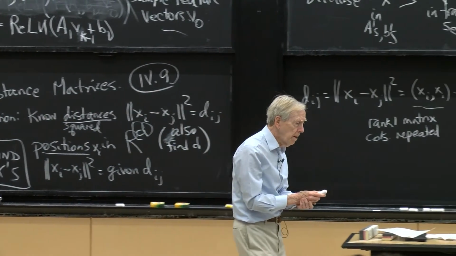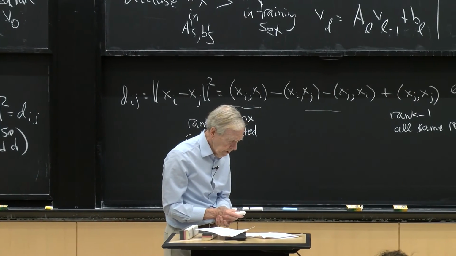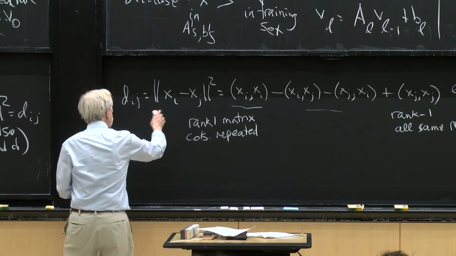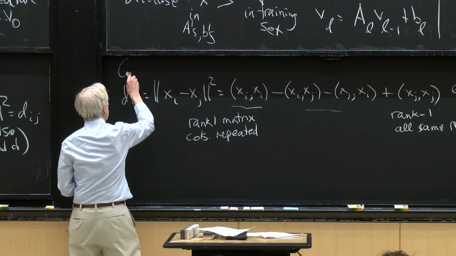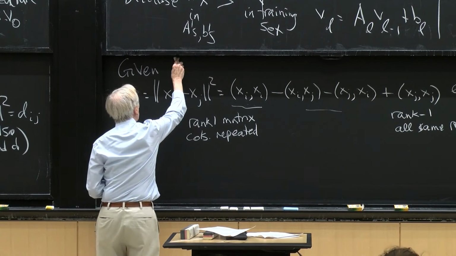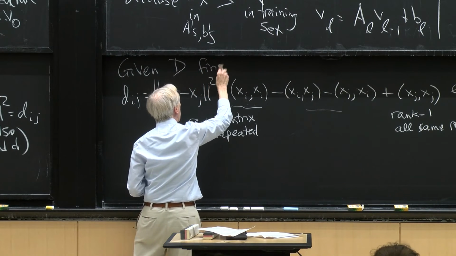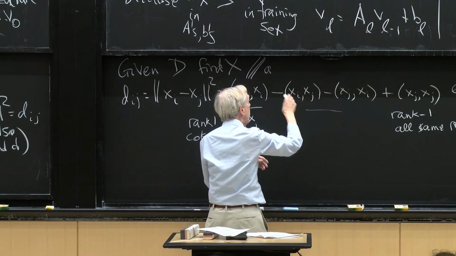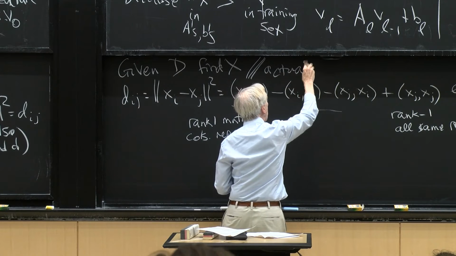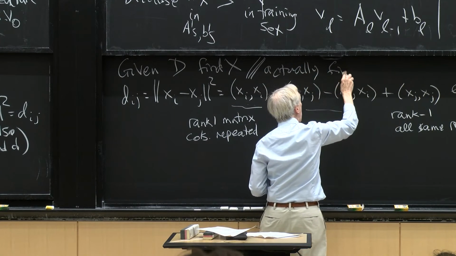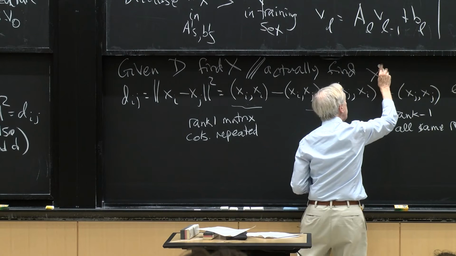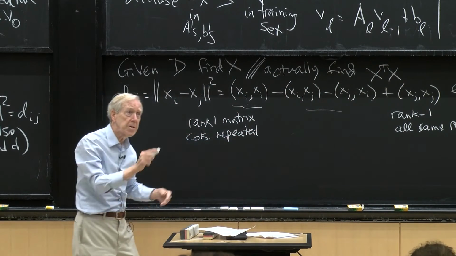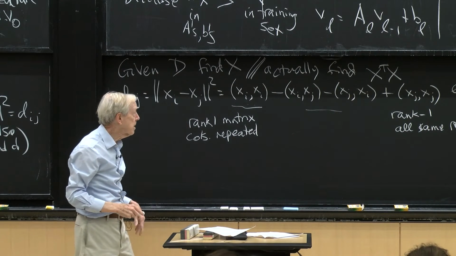I think in the notes I call it X. So I'm given D, find X. And what I'll actually find, you can see it coming here, is X transpose X, because what I'm given is dot products of X's.